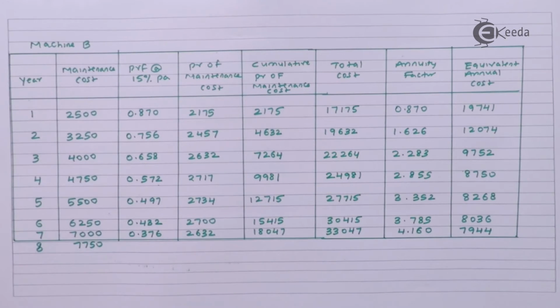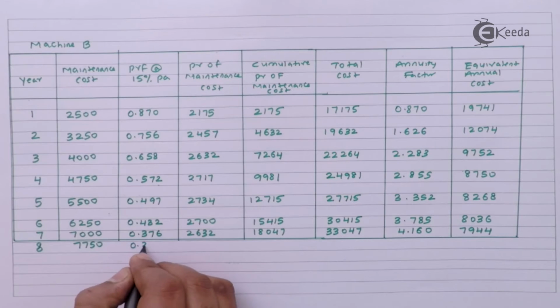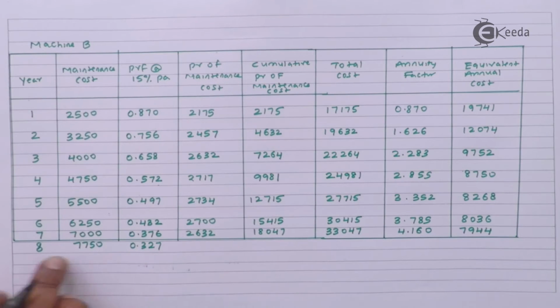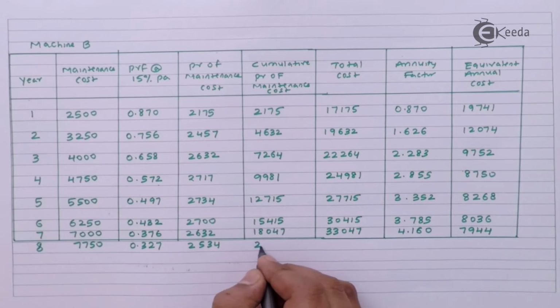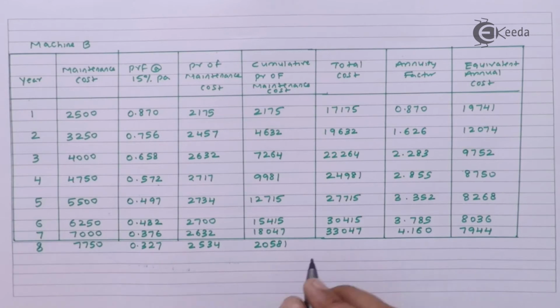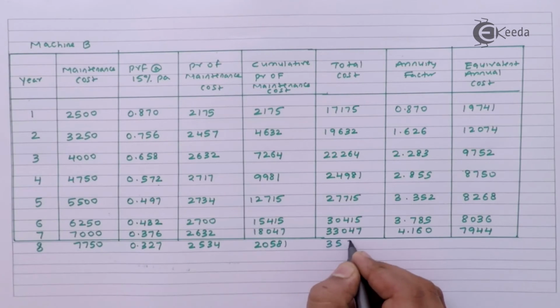और यहाँ पर आएगा आपका 0.327 multiplied by 7750 which comes to 2534. क्यूमुलेटिव में हो जाएगा 18047 प्लस 2534, 20,581, and 20,581 plus 15,000 will be 35,581.